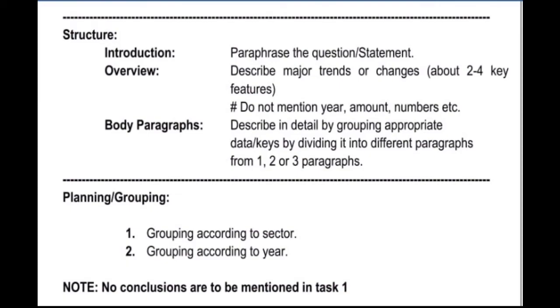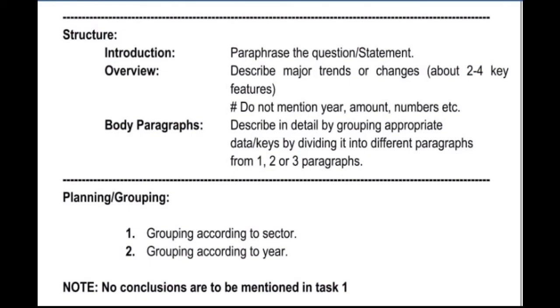So what I have done is I will be writing about construction, trade, utilities and transportation, and manufacturing and finance in one paragraph, and in my second body paragraph I will be talking about agriculture, government, leisure and hospitality, and lastly healthcare and education. Again, you can specify your information by saying exact values or approximation values.